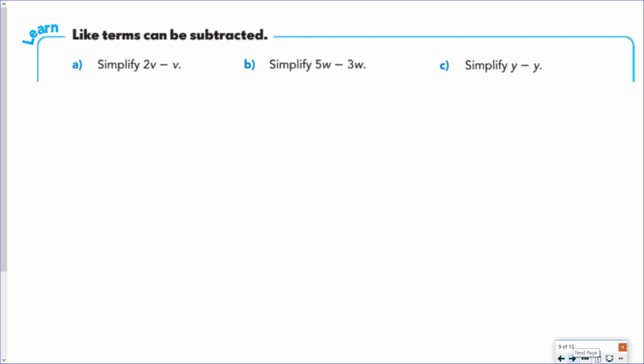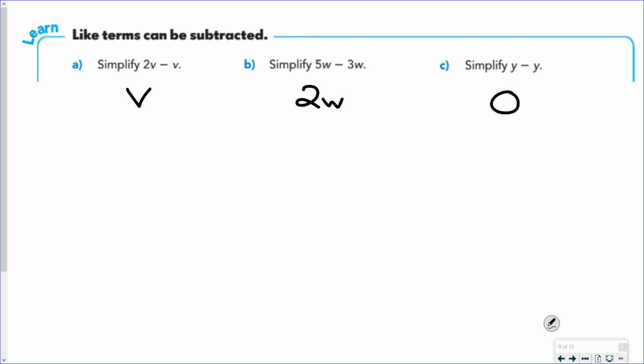It's the same idea with subtraction. If you have two v's and I take a v away, you'd be left with one v. But we don't write 1v, because that stands for 1 times v. A number times 1 is itself, so you would just have v. 5w minus 3w is 2w, and y minus y is 0.